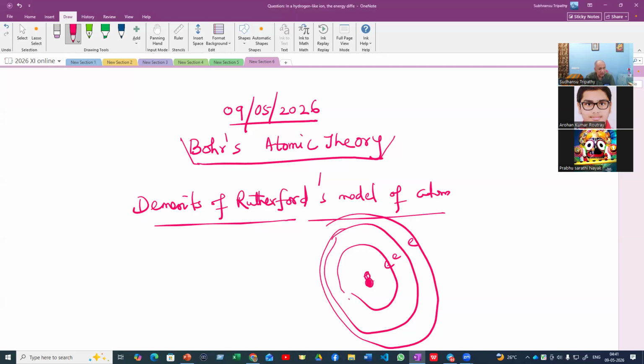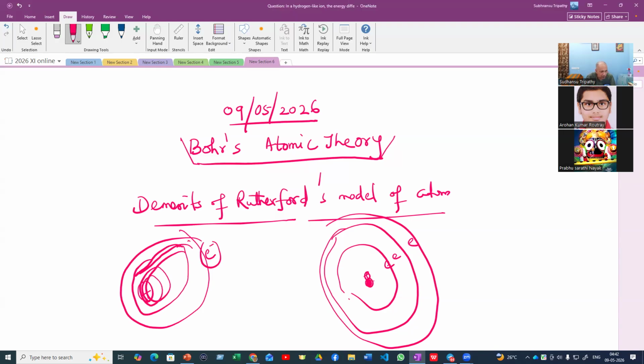And then there was a lot of criticism, particularly from the physicists. They said it is violating the law of electrodynamics, that when there is a static positive charge and around it a negative charge rotates, it will definitely be attracted and its energy will be lowered, and it will gradually draw nearer and nearer in a spiral path, and finally merge onto the nucleus.